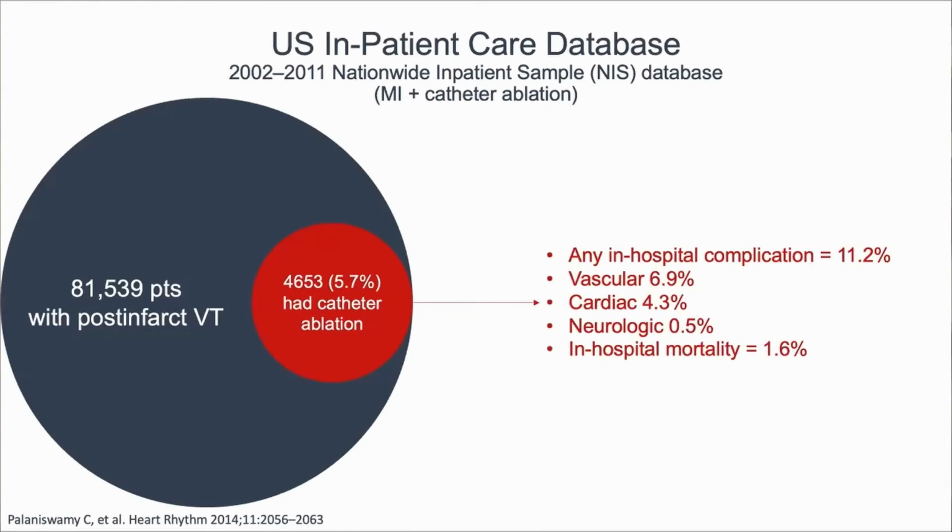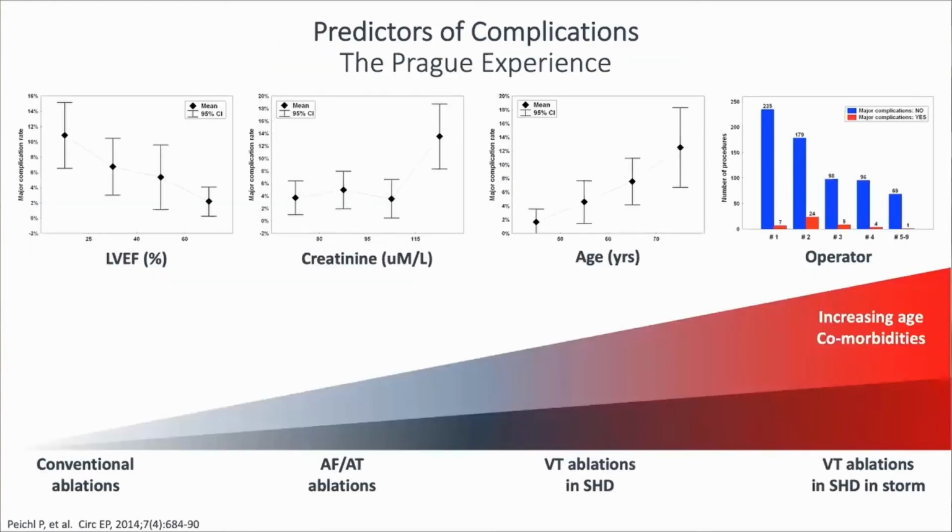The US inpatient care database collects more than 80,000 patients with post-infarct VT, of which 5.7% had catheter ablations, and they demonstrated any hospital complications of 11.2%, and the most of them vascular complications, 6.9%.